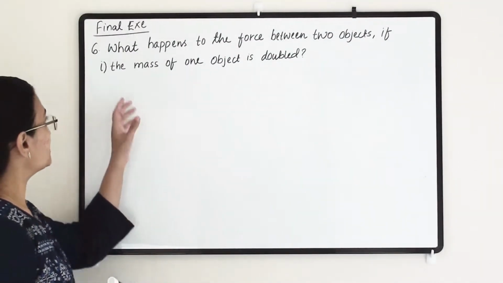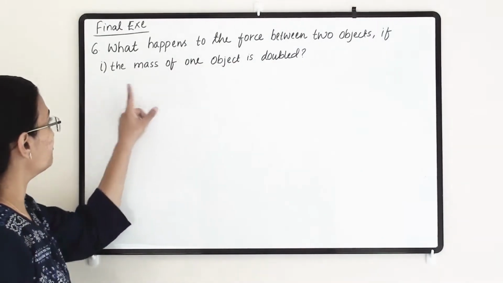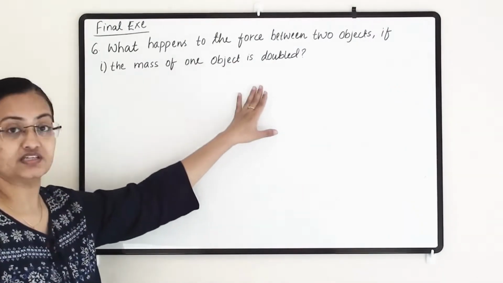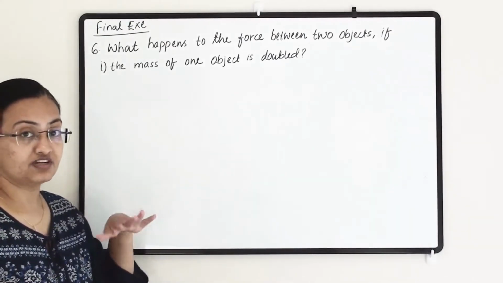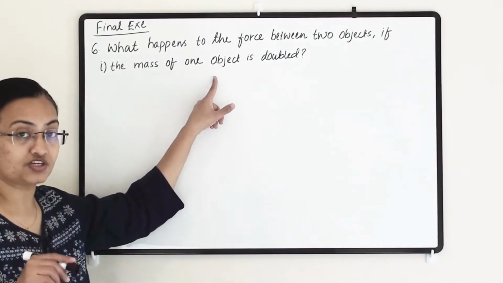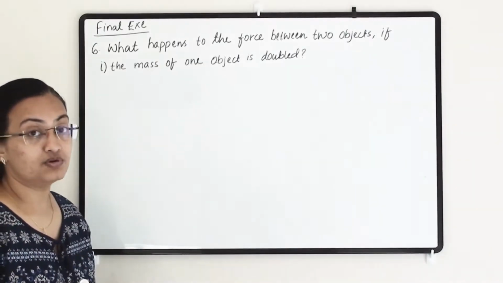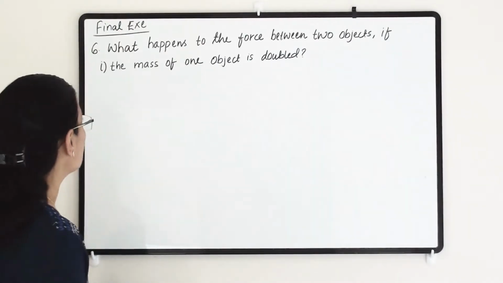Our sixth question is, what happens to the force between two objects if the mass of one object is doubled? Here we have to discuss three different cases. This is the first case, in which the mass of one of the objects is made double. What will happen to the force acting between them?